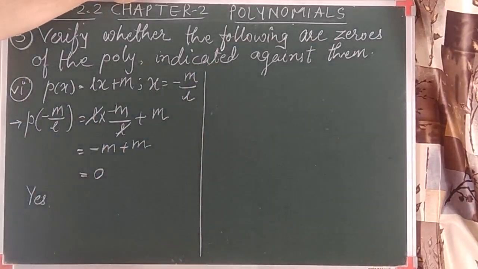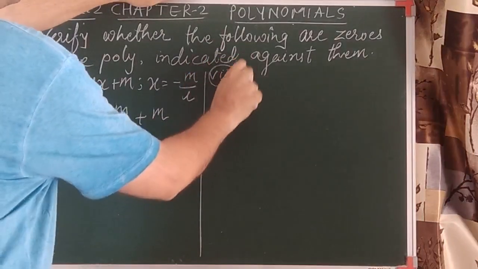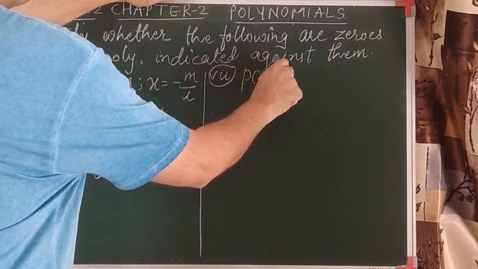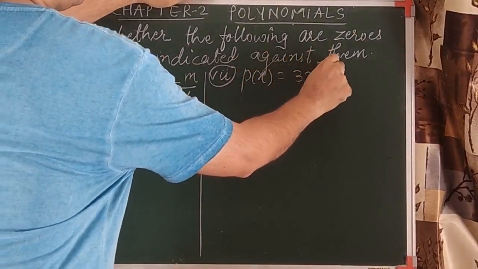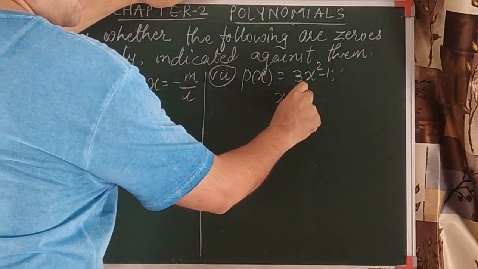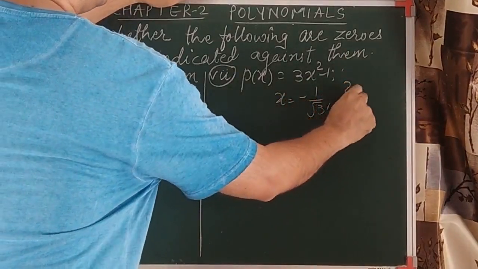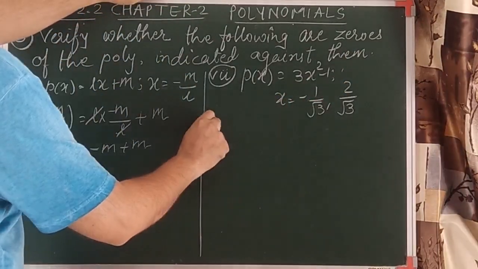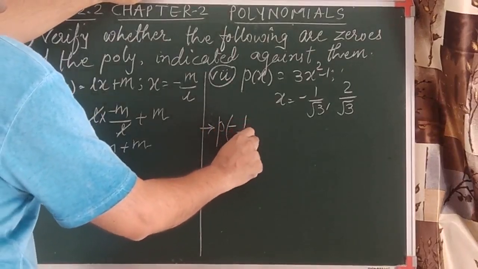We'll go further to question number 7. This is a good question, quite interesting. Here in this question, the polynomial given is 3x square minus 1, and the values of x they have given are minus 1 upon root 3 and another value is 2 by root 3. So let us substitute both the values one by one to find out whether they are zeros or not.